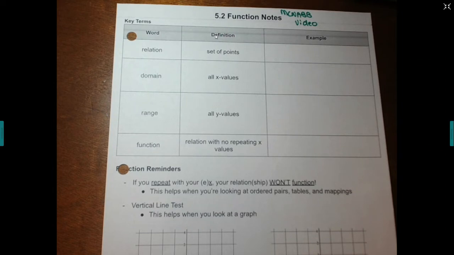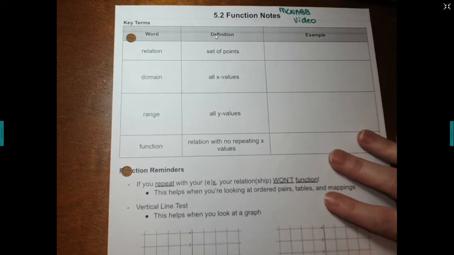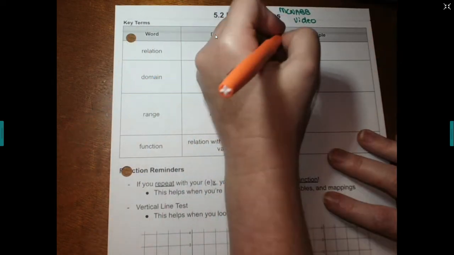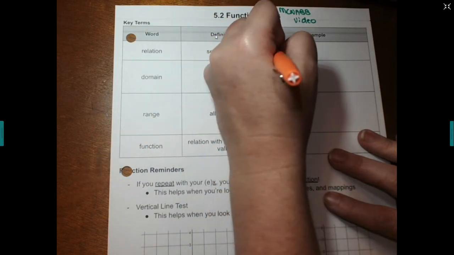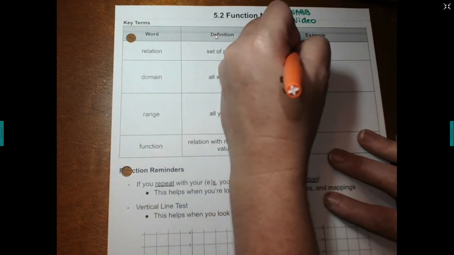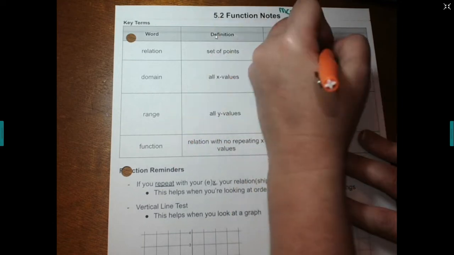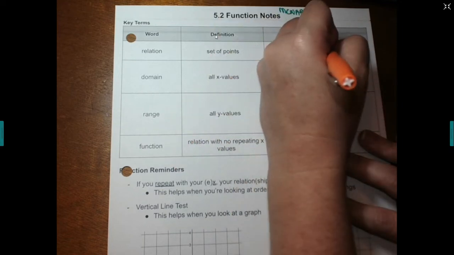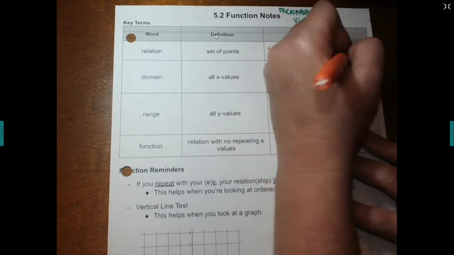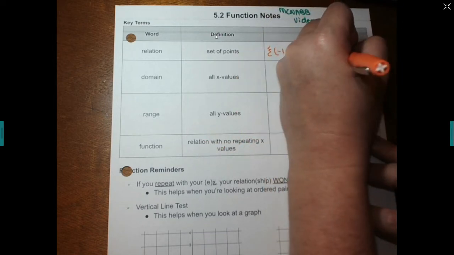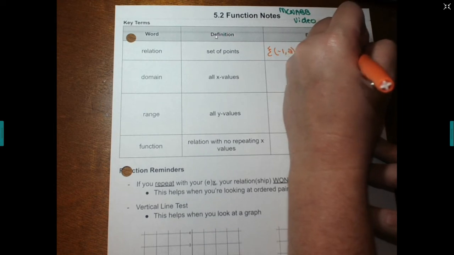Let's start there. A relation is any set of points, just like you might think that your relations are your family. There are different points in your family group or on your family tree. A relation is any set of points. So an example might be (-1, 2), (0, 0), (0, 5), and (3, -7).